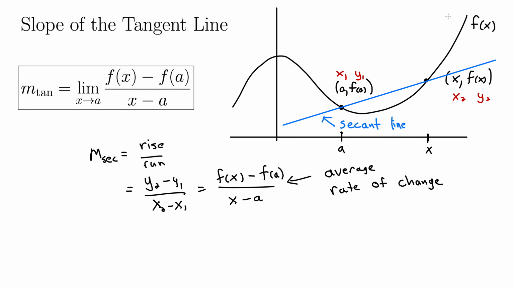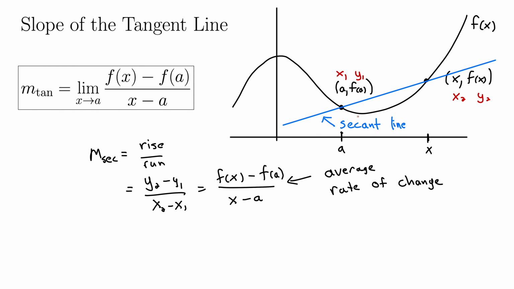To obtain that, we'll take our x and move it in towards a using a limit. That takes this point and moves it down the curve ever closer to a until we're on only the point a itself. The second point is getting closer and closer until there's only one point. Once there's only one point, we no longer talk about the secant line, we talk about the tangent line.